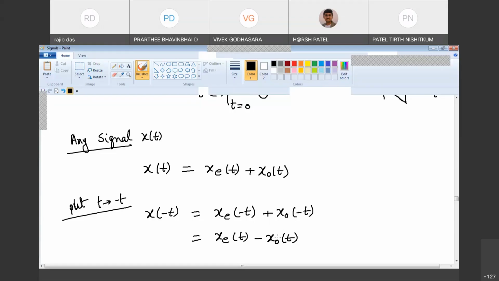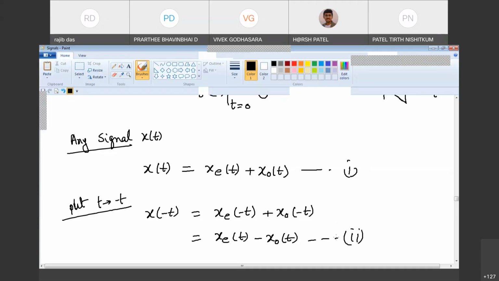This is by definition of even and odd signal. Am I correct? Yes, sir. Clear? Okay. So this is equation number 1. Suppose this is equation number 2.